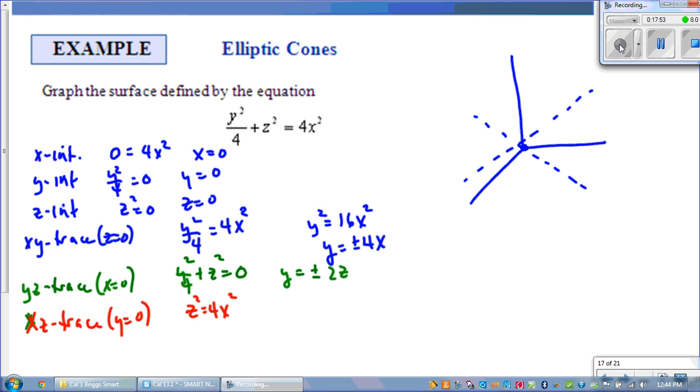Okay, this one is the plane. I messed up on the other one. 2x. Okay, so this is two intersecting lines.